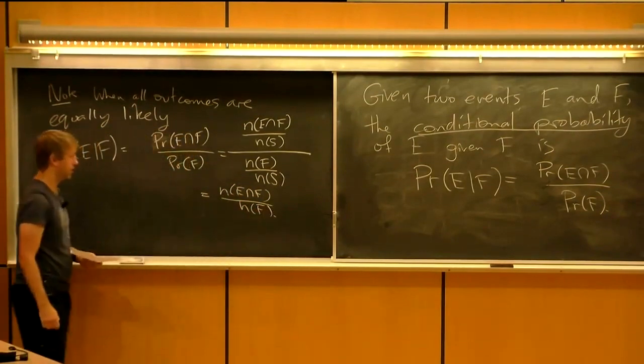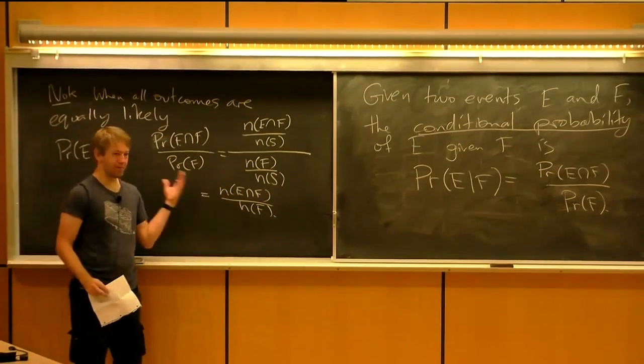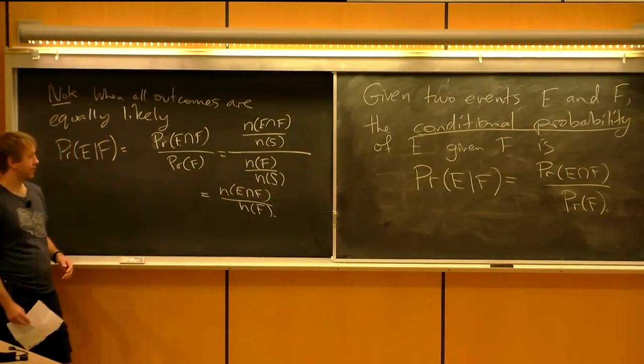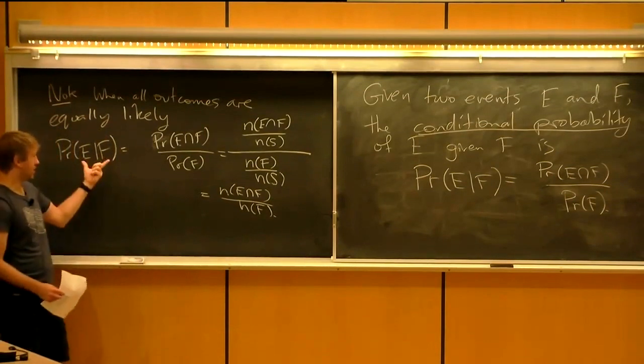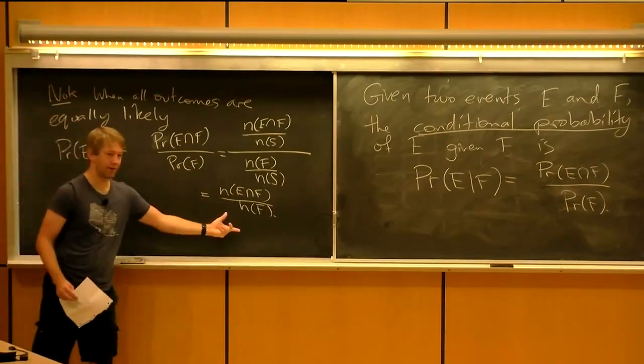So this formula might be a little bit faster to deal with in those cases. So you can assume that if all outcomes are equally likely, then this is equal to that, right?